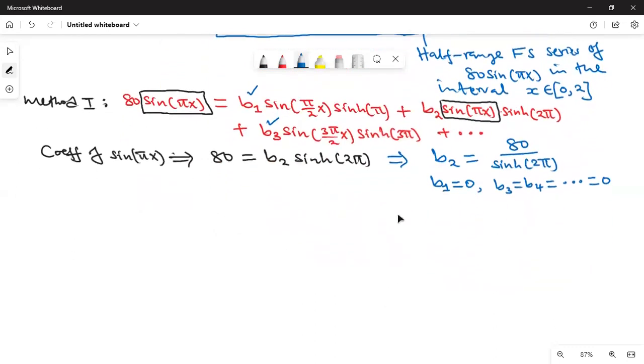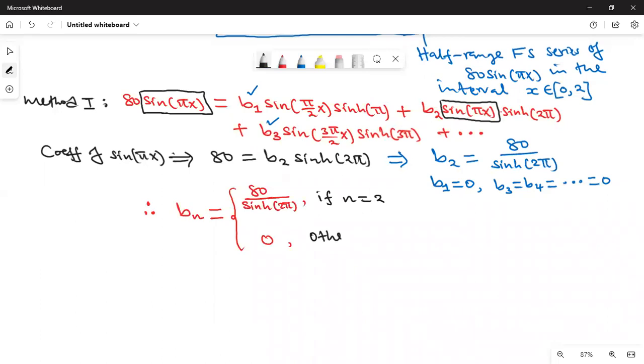So you can as well say that the Fourier coefficient bn is given by 80 over hyperbolic sine of 2 pi, or it is 0. So when is it 80 over hyperbolic sine of 2 pi? That is if n is equal to 2, and it is 0 otherwise, for any other value of n.